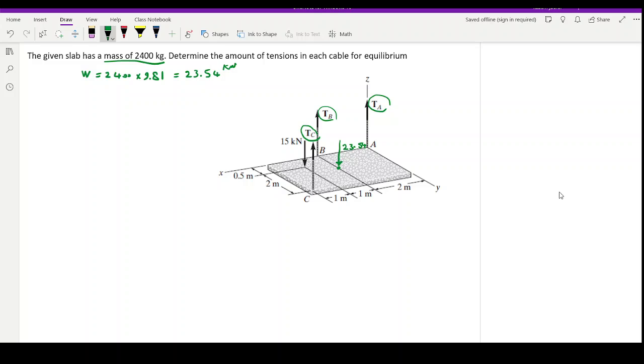So by looking at this slab, you can see that if I take moment about x-axis, then TA and TB, they don't have any moment about x-axis because they are acting on x-axis. The only force, unknown force that has moment is TC. Therefore, I can find TC immediately from there.